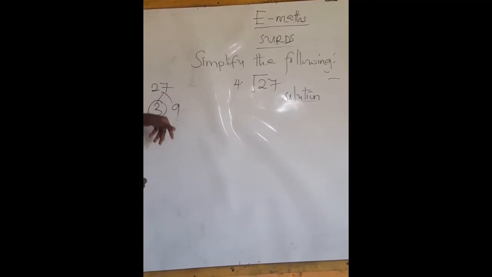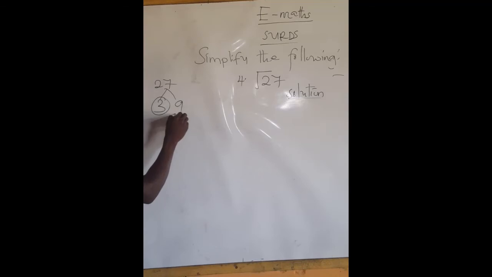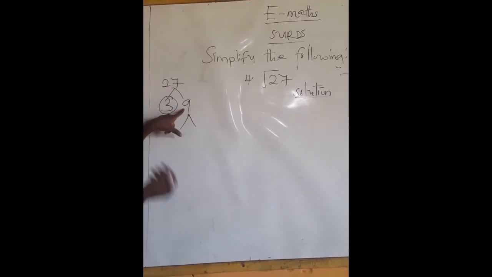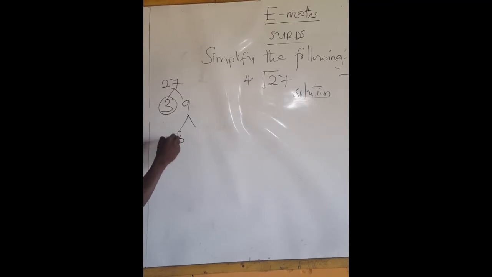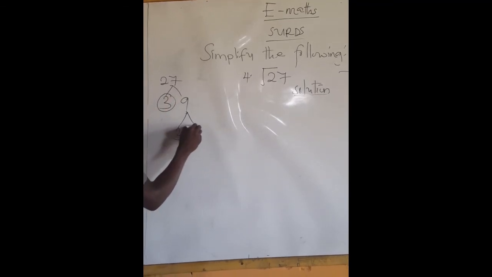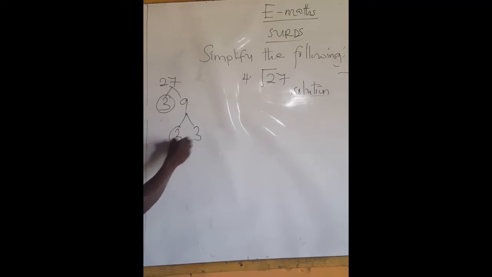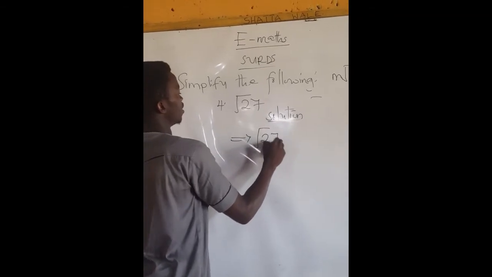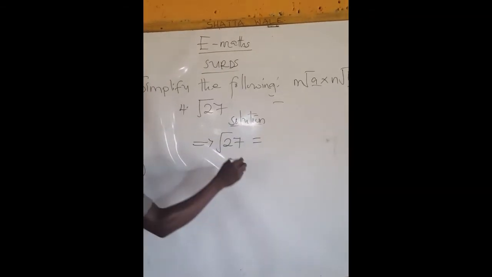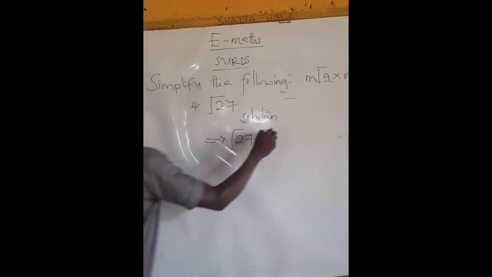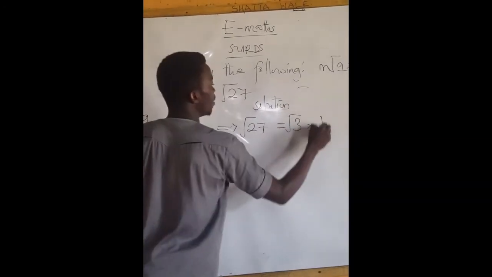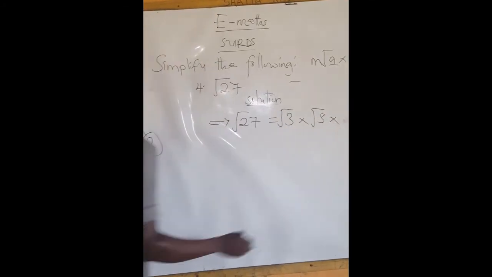So let's break 9 down to get prime numbers. Dividing by the prime numbers again, 2 can't go into 9, so we move on to 3. 3 can go into 9 how many times? 3. So you can see 3 is a prime number, 3 is also a prime number. So this implies root 27 can also be written as root 3 times root 3 times root 3.